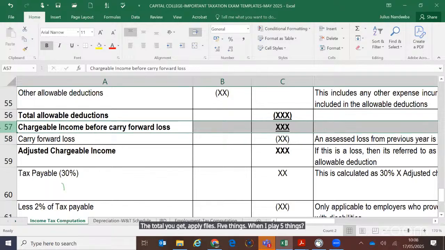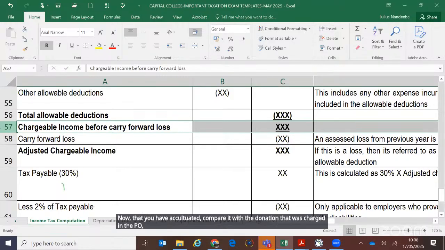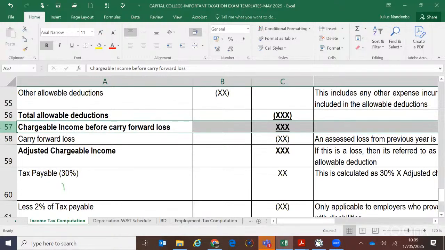That 5% gives you the maximum donation that you can give out. Now, compare what you have calculated with the donation that was charged in the POL. If what was charged in the POL is more than what you calculated as 5%, it means you gave out excess donation. And the excess is what you add back. Have you understood that? Good.